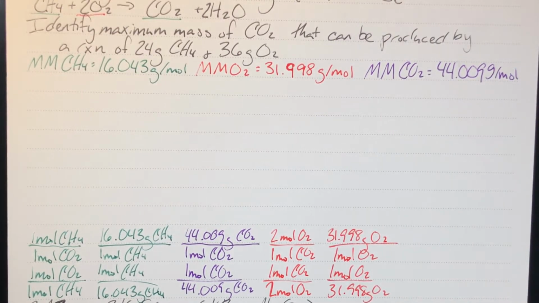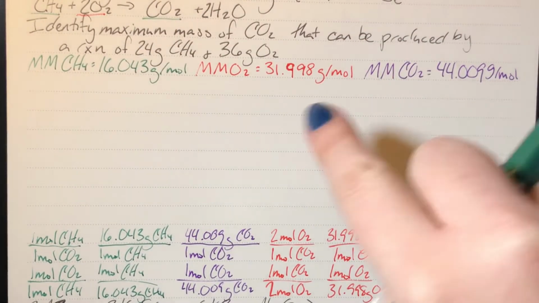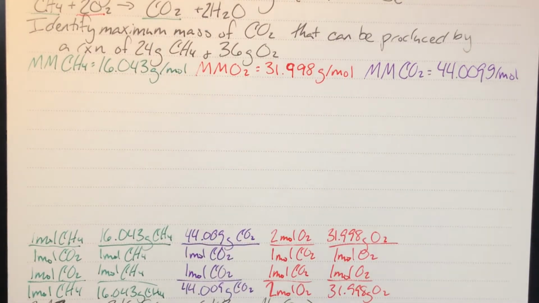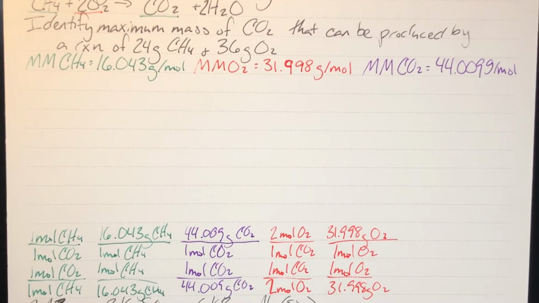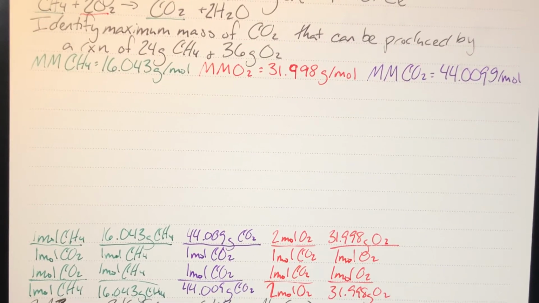And now I have all of the conversion factors that I am going to need for both sets. I'm going to start with the mass that can be obtained from my mass of CH4. I just need to be careful that I am maintaining all of my correct values and I'm not mixing anything up.